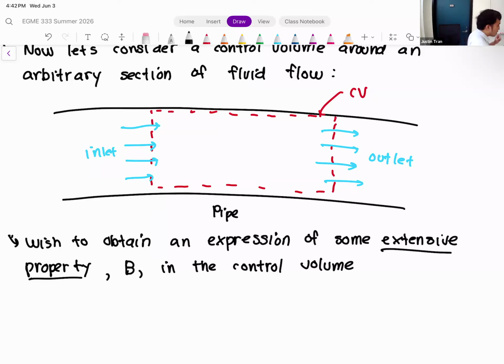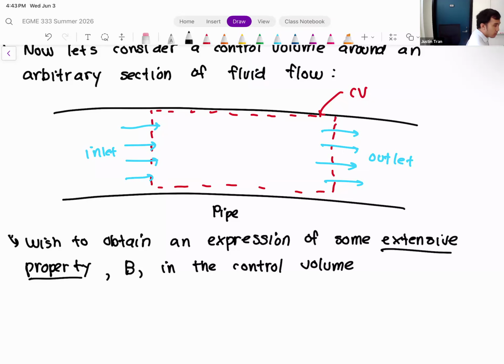Because the thing with Reynolds transport theorem, very similar to our material derivative, is that we can apply Reynolds transport theorem to any number of extensive properties. And so, let's say B represents the mass of fluid, maybe B represents the momentum of fluid, maybe B represents the total energy, right? So remember, we're trying to come up with a vehicle, a framework for us to apply our traditional conservation laws to fluid mechanics.